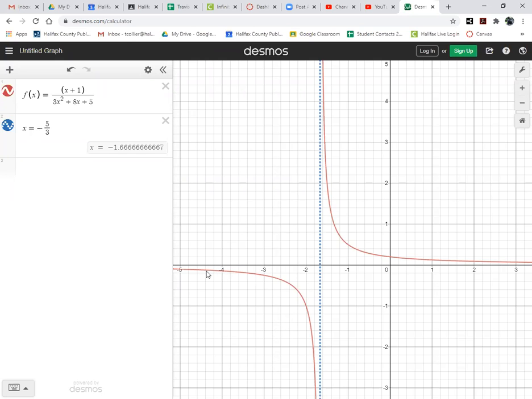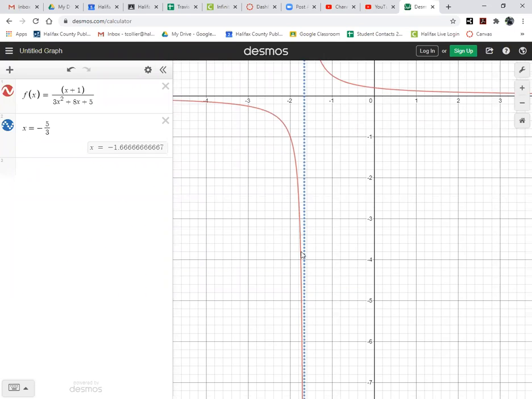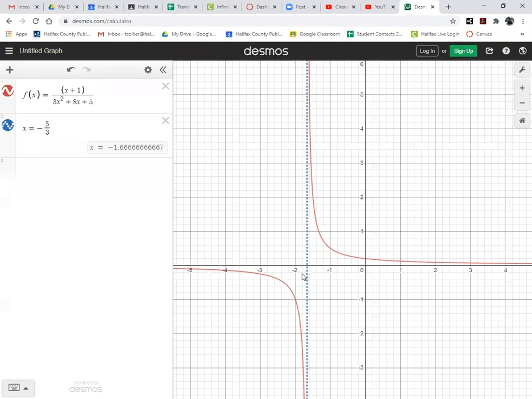And on the left side, the graph just kind of shoots straight down. So when you get closer and closer to this value, the graph starts taking higher and higher values as you go from the right. And as you come in from the left, the graph gets lower and lower values. So actually, you go up to positive infinity on this side, and on the other side, you go down to negative infinity. So I just thought that was interesting to show you.